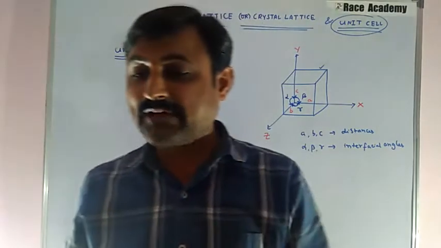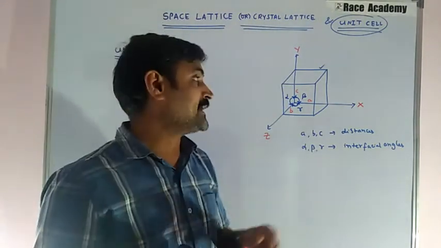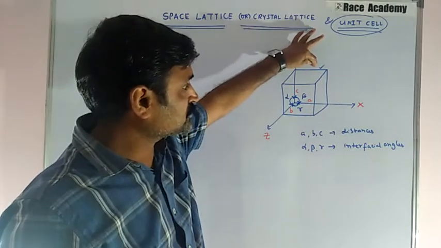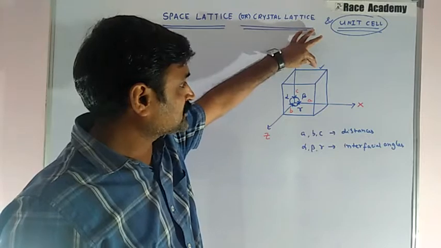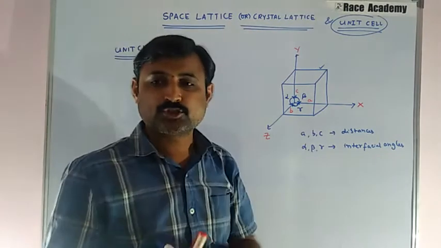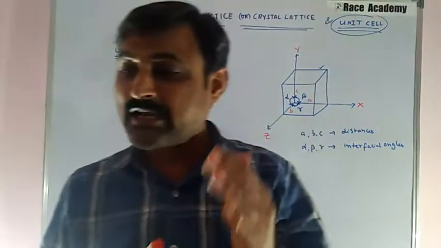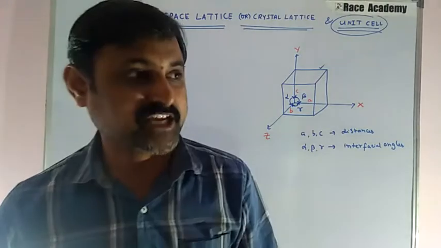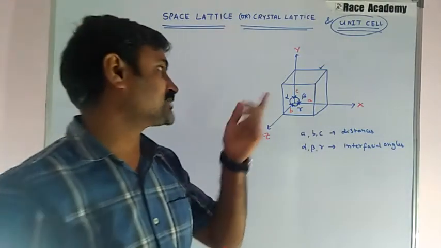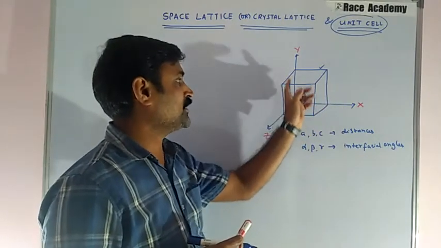What is the meaning of this one? Which do not lie in the same plane, which are called crystallographic axes. This is not present in the same plane. That is the meaning of crystallographic axes. So lines drawn parallel to the lines of intersection of any three faces of the unit cell.